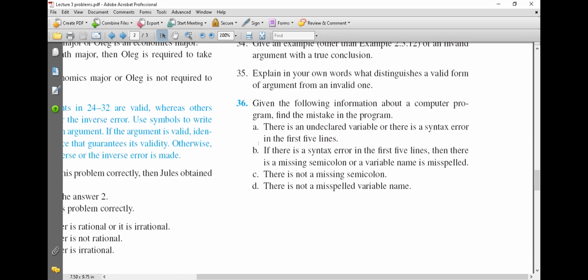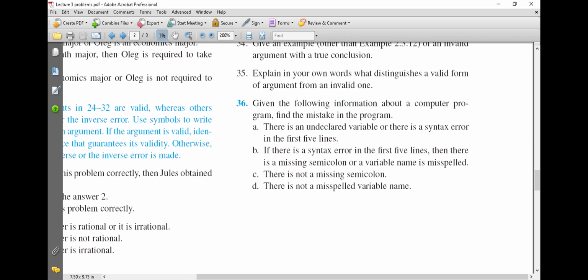Okay, let's continue the notation. In the first 5 lines, there is a missing semicolon. Let's denote it by M. And the last statement, there is a misspelled variable.